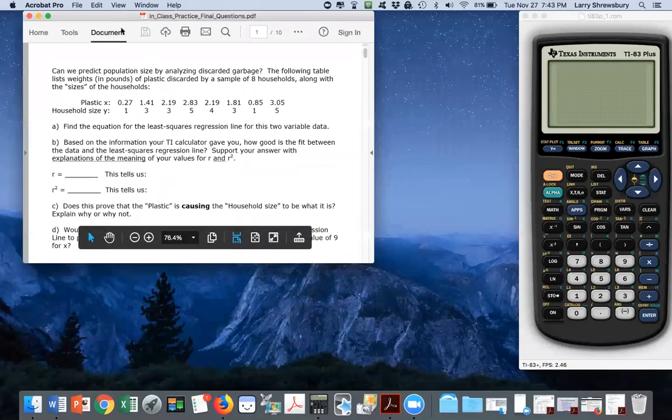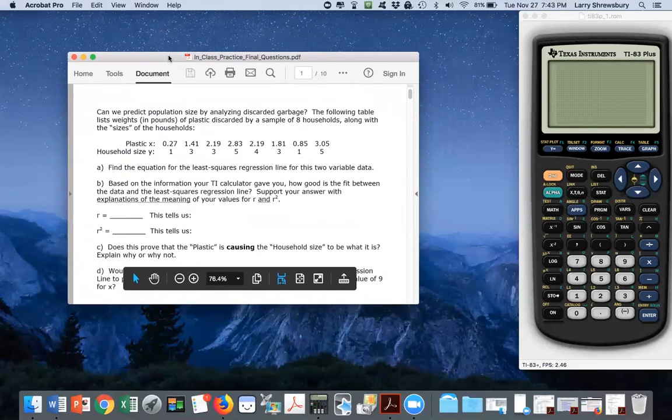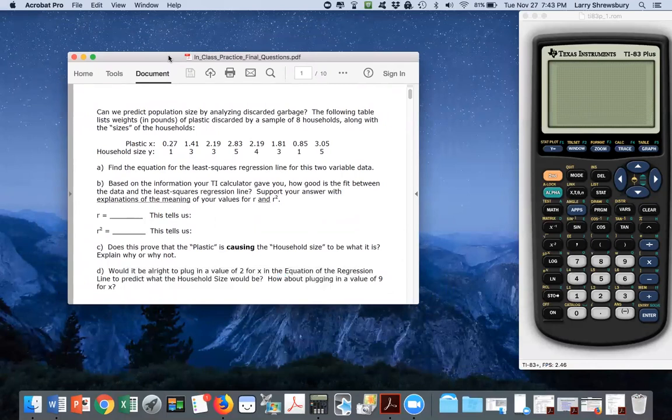Well, let's look at this one. Can we predict population size by analyzing discarded garbage? Well, consider this. The following table lists weights in pounds of plastic discarded by a, well, let's say a random sample of 8 households, along with the sizes of the households. So here's the idea. We're going to take a random sample of households, and from each household, we're going to get 2 pieces of quantitative data.